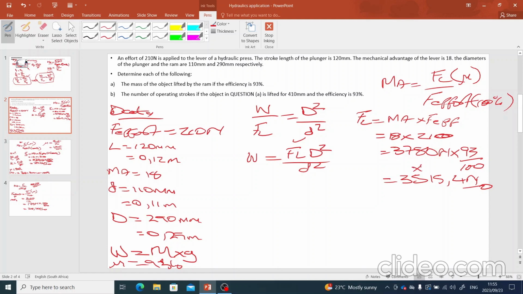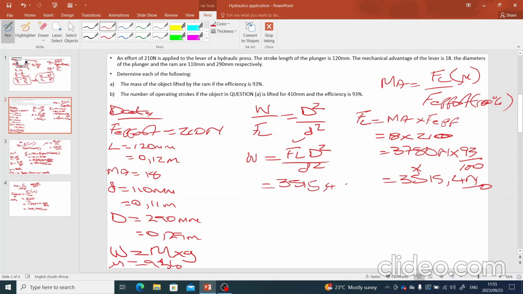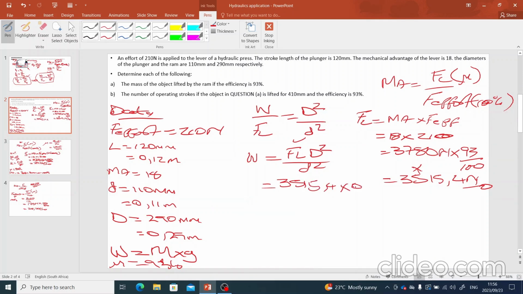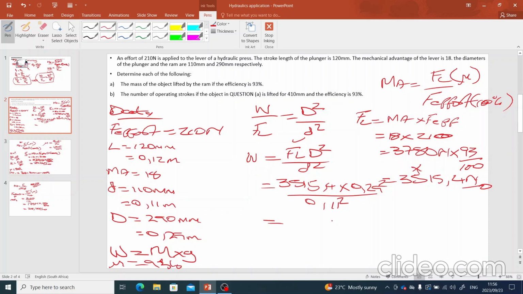We can then take this force in that formula. Then it will be 3,515.4 multiplied by big D, 0.29 squared, divided by 0.11 squared. Then we get our answer as 24,433.483 newtons.